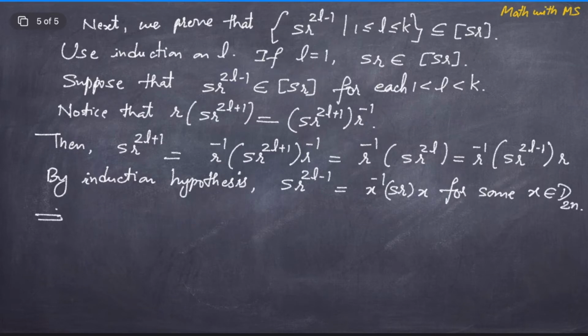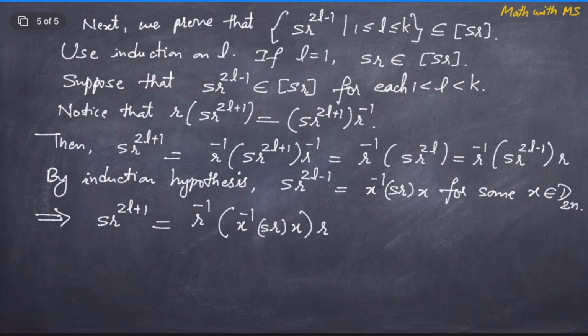This implies that s into r to the power of 2l plus 1, which I have written as r inverse into s r to the power 2l minus 1 into r, is the same as r inverse, and here I replace it by x inverse sr into x times r, but that is the same as (xr) whole inverse sr into xr, which is again a conjugate of sr. This proves our claim 2.